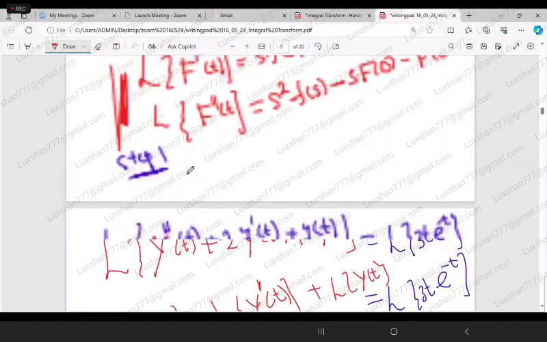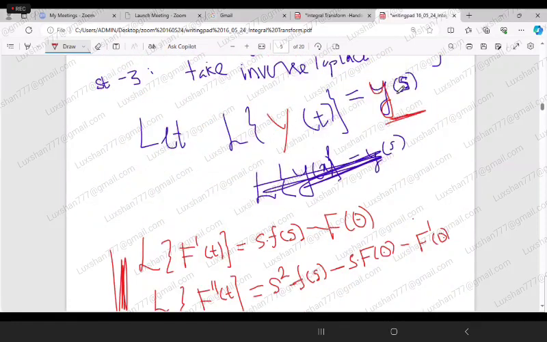We have taken Laplace transform of capital Y(t) equal to simple Y(s), like Laplace transform of capital F(t) equal to simple F(s). We are taking Laplace transform of capital Y(t) equal to simple Y(s).